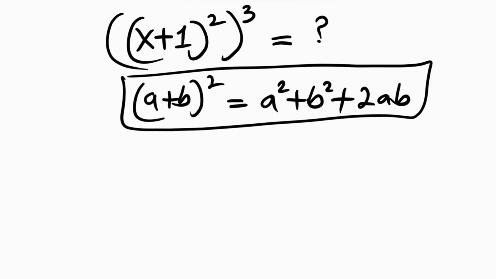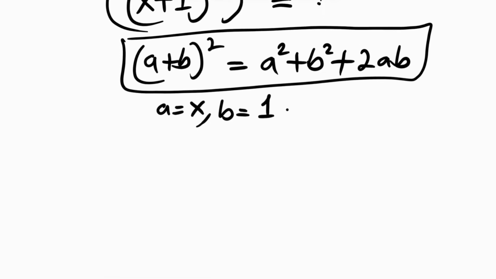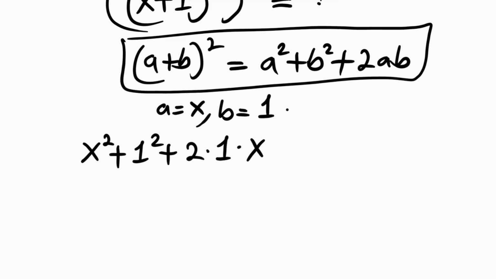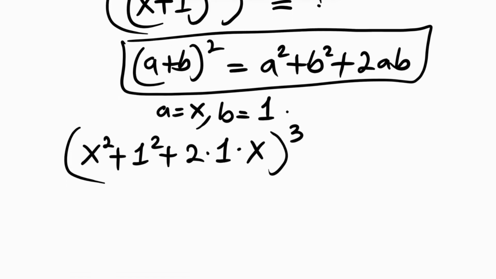So in this form, a is x and the b is 1. So now what we have is x squared plus 1 squared plus 2 times 1 times x, all cubed, right?